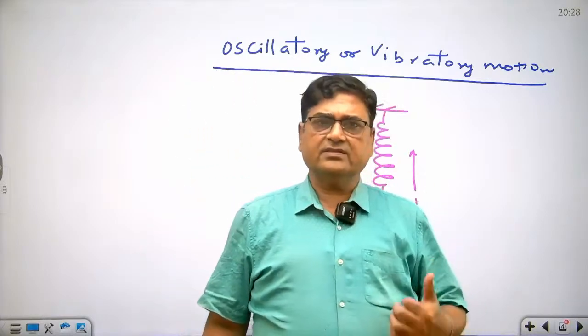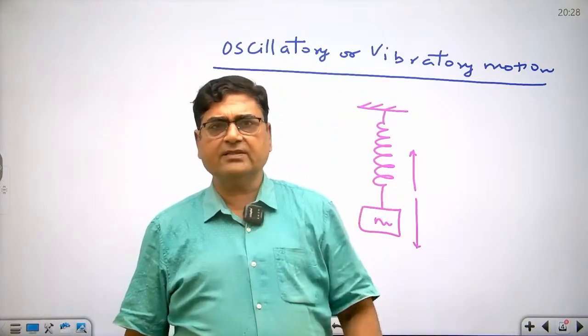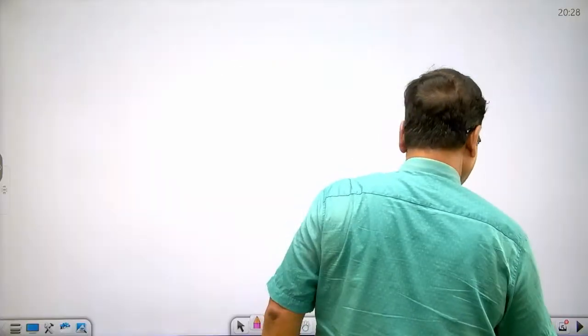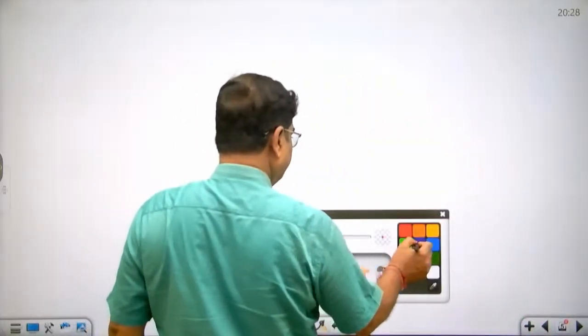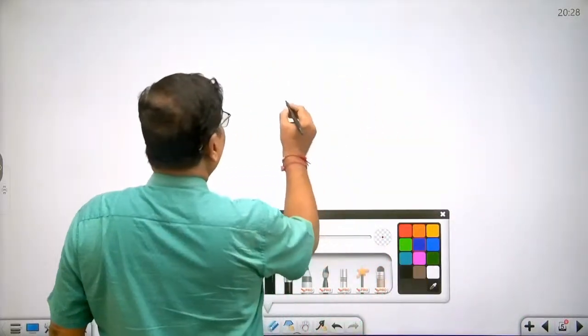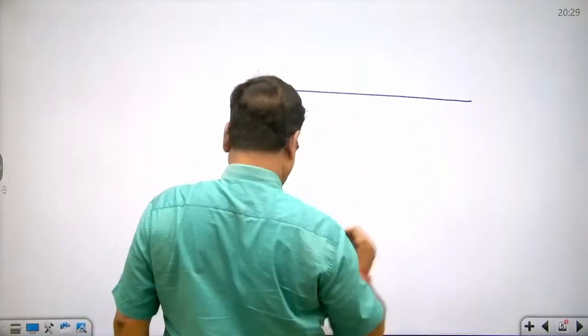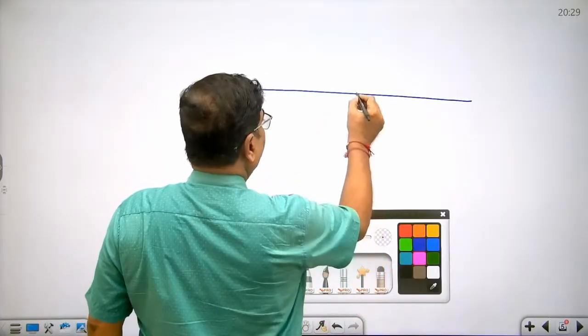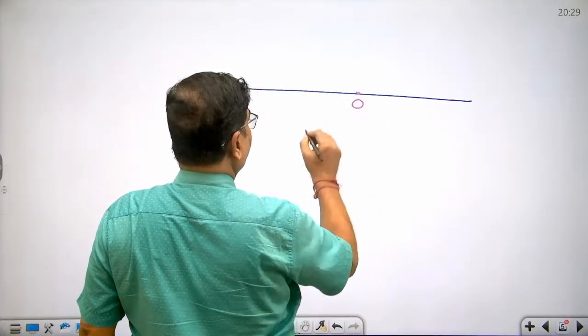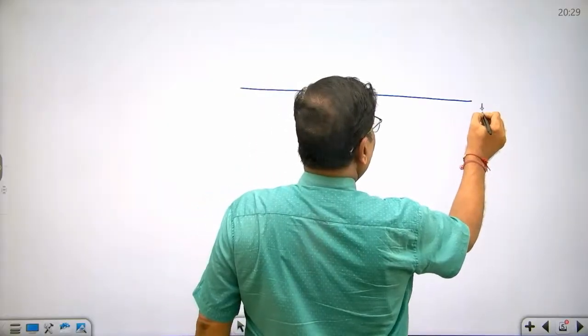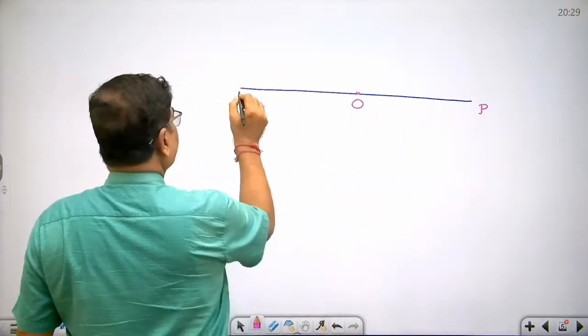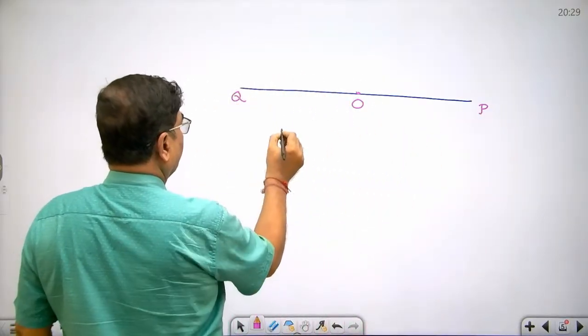Before studying simple harmonic motion, let's understand some important definitions. Let us say this is the equilibrium position, this is the right extreme point and this is the left extreme point.